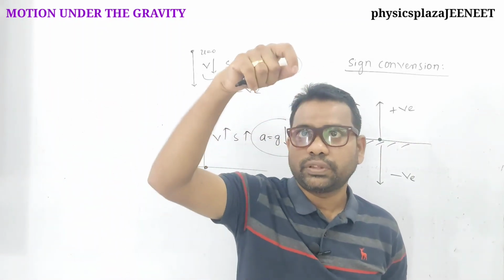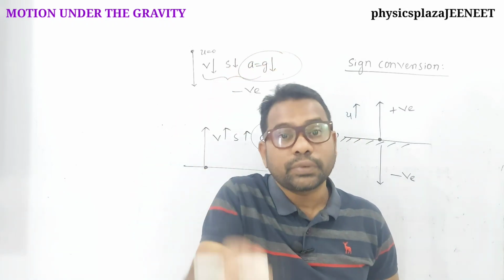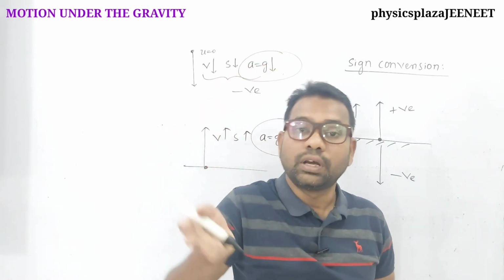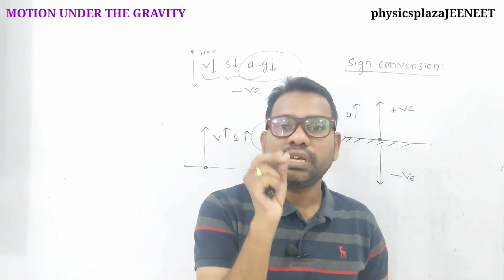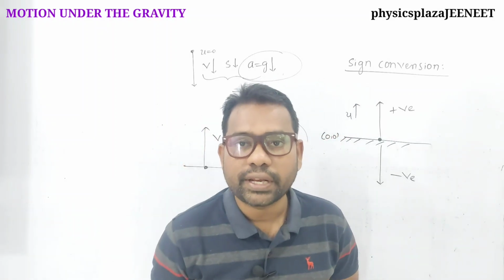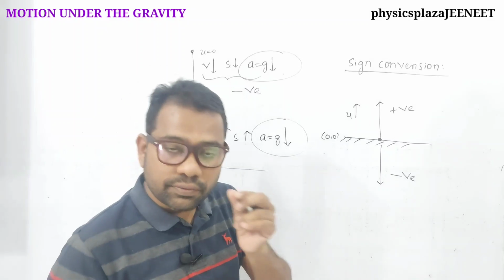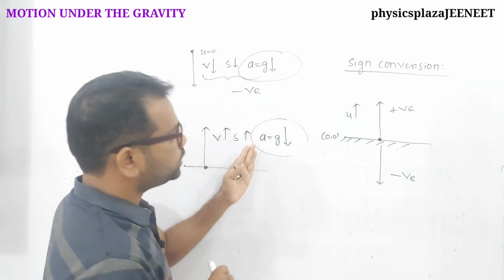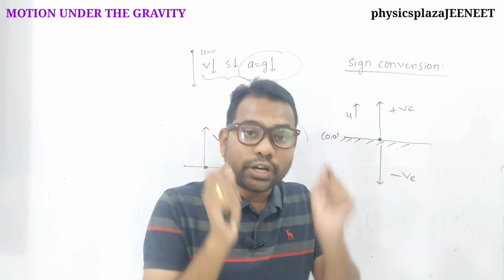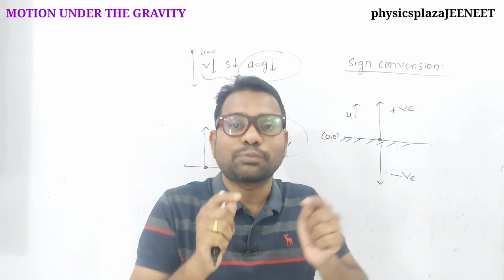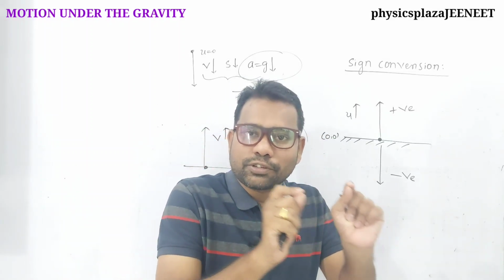Whether it is a freely falling body or throwing from ground to ground, height to ground, or ground to height, in any case, g is always vertically downward direction. So as per the sign convention children, acceleration due to gravity is always negative. This is a very important point to be kept in your mind. Why is it always negative?